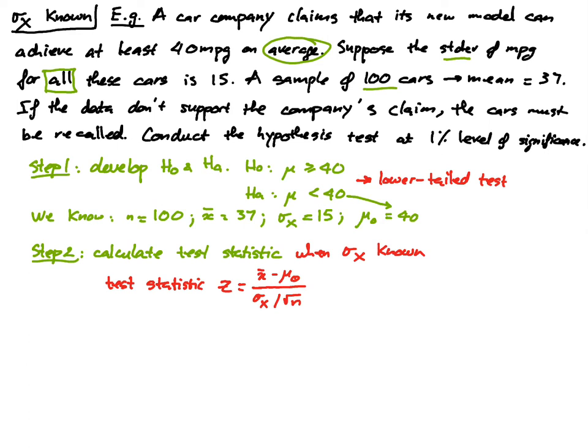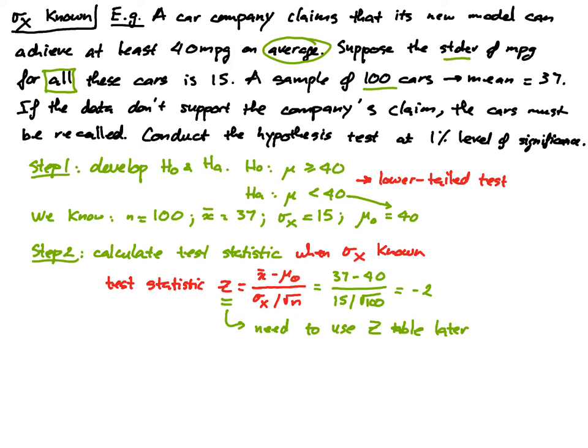Now we know all the ingredients to calculate the test statistic. In the context of this problem, this is 37 minus 40 divided by 15 over the square root of 100, and that gives us -2. Note that we denote the test statistic z. This is going to remind me that I'm going to need to use the z table later on.